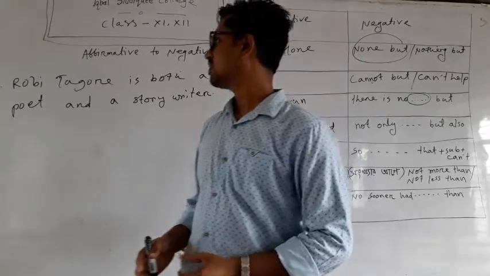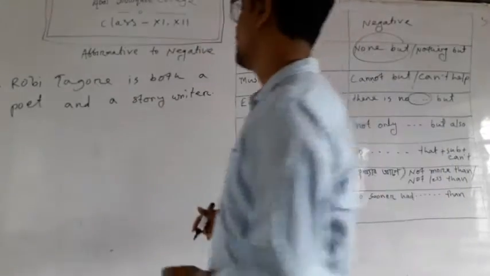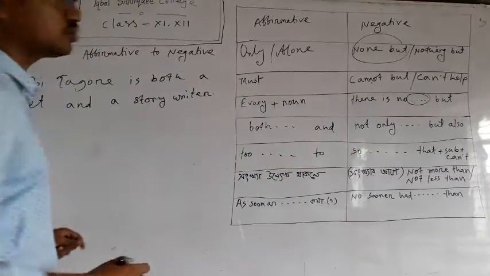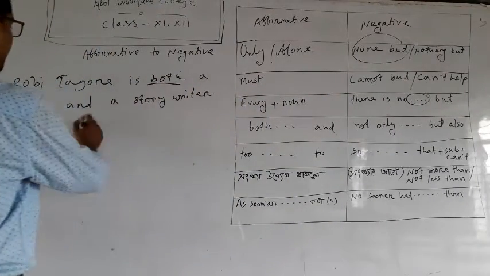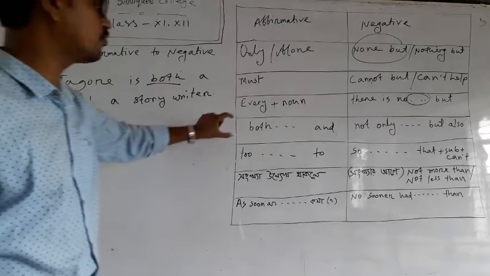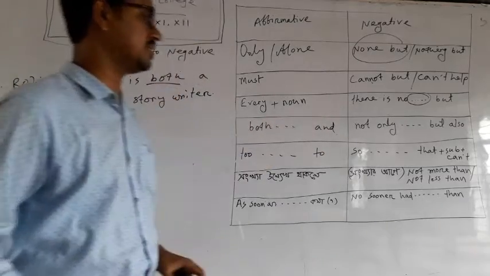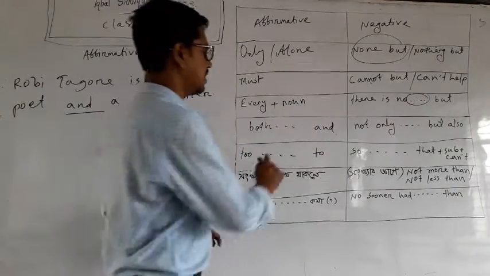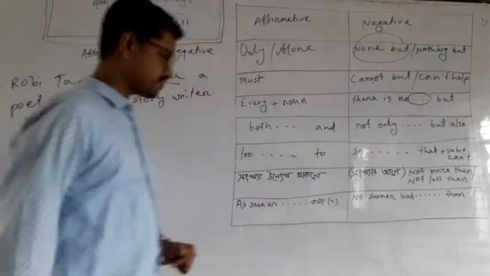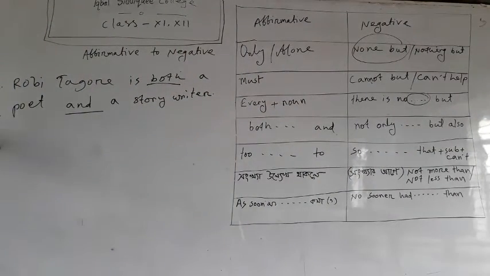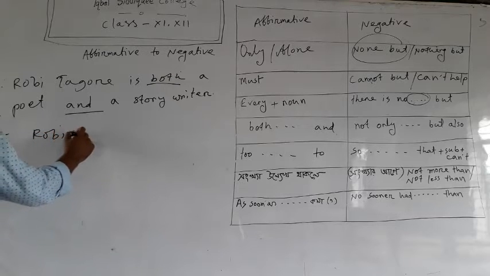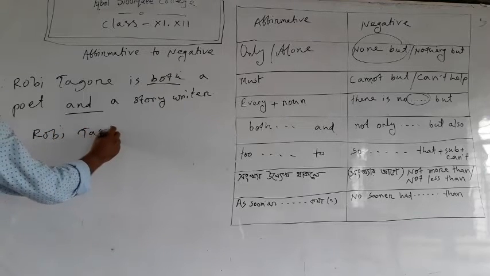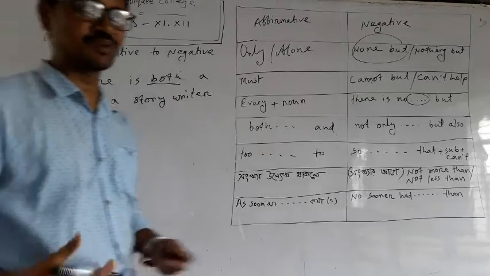So we are going to make it a negative sentence. Here we see there are two terms, both and and. If you find both and in a sentence, we will make it not only but also. So let's make it negative. The subject will remain the same, because Tagore cannot change with tense.